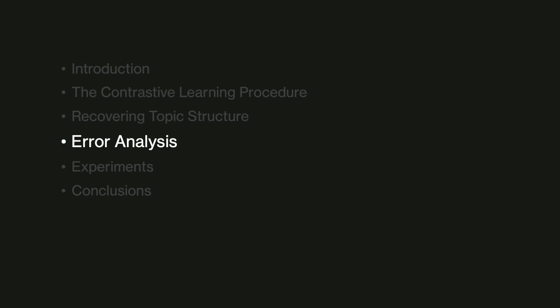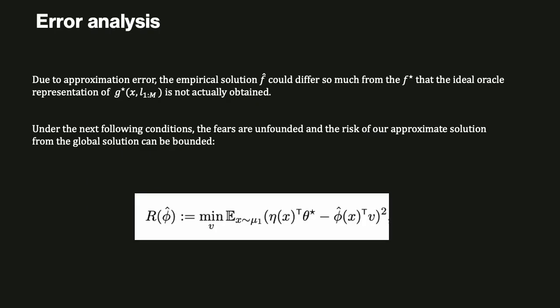Next, we move on to error analysis. Due to approximation error, the actual empirical solution that we find could differ so much from the ground truth function that the ideal oracle representation of a document that we've been talking about could actually not be the one we find.